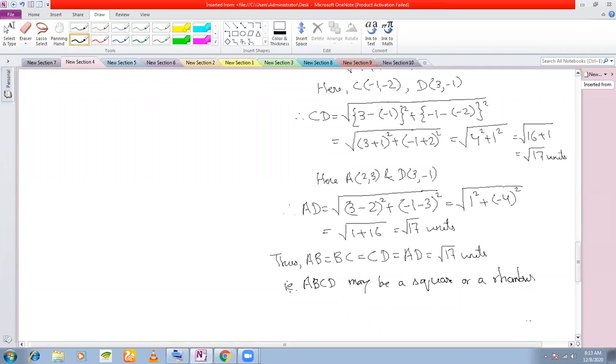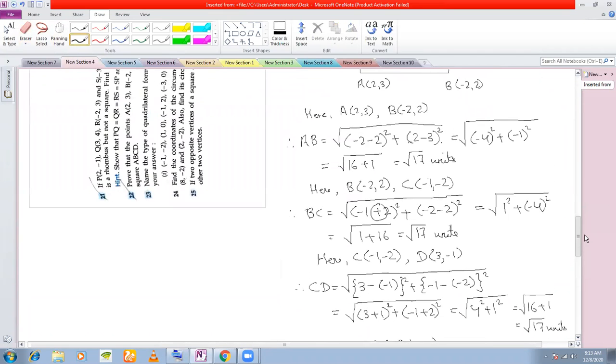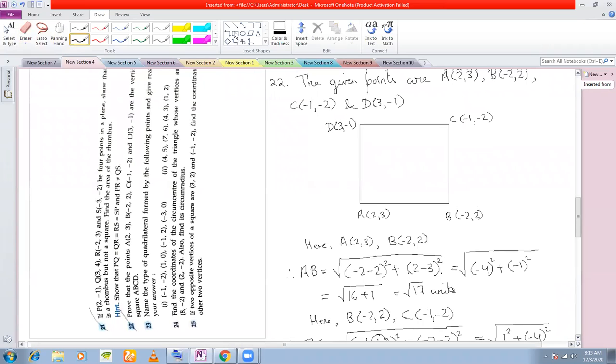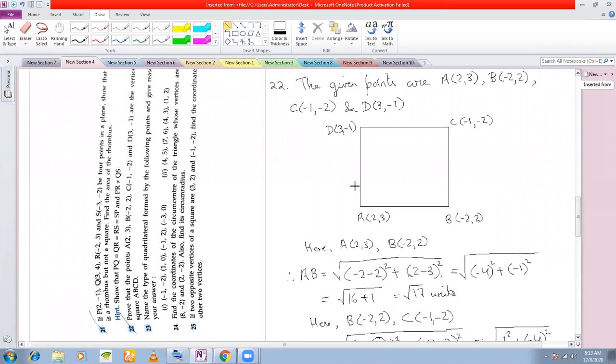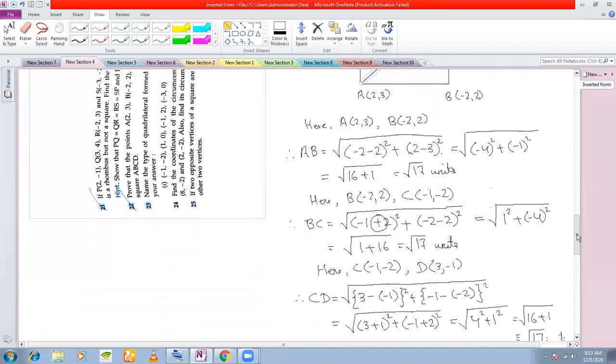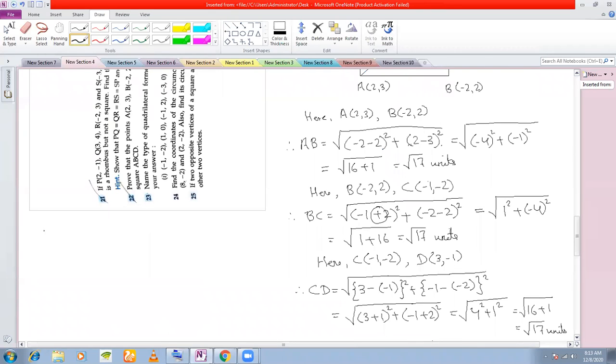Let us now calculate the distance, the diagonals in fact. This diagonal, let's calculate first AC. So here A is (2, 3). C is (-1, -2).